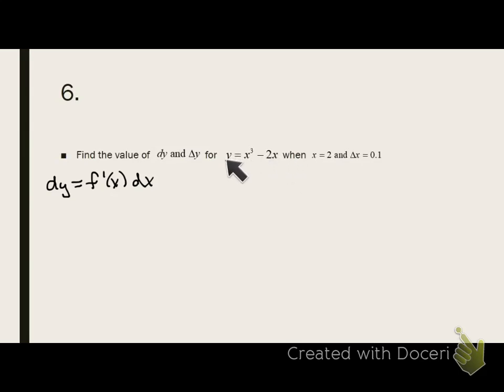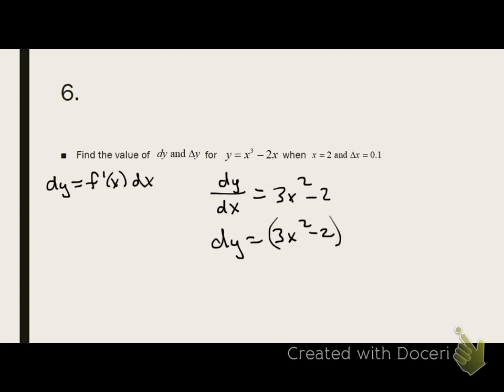The derivative, so y prime actually means the derivative of y in respect to x, equals, and what's the derivative of x cubed minus 2x? 3x squared minus 2. Everybody agree? So dy is 3x squared minus 2 times dx.